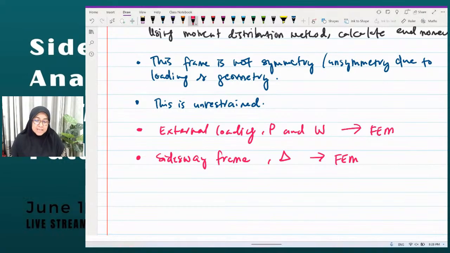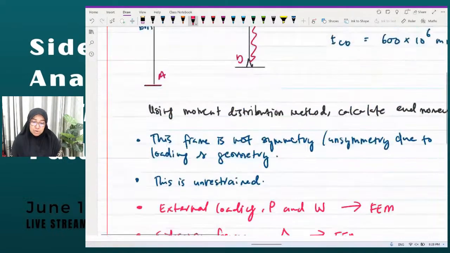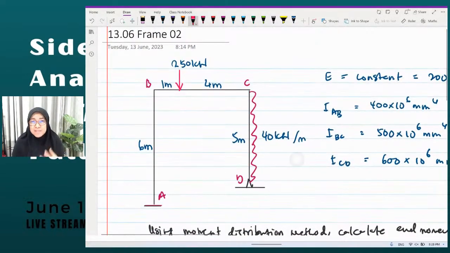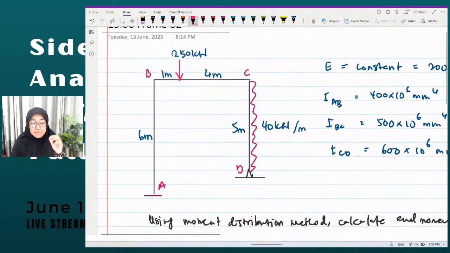Okay, external loading P and W. When P is subjected at a joint, whether at joint A, B or C, vertical or horizontal, we do not consider it as fixed end moment, because for fixed end moment we want to distribute moment to the nodes.